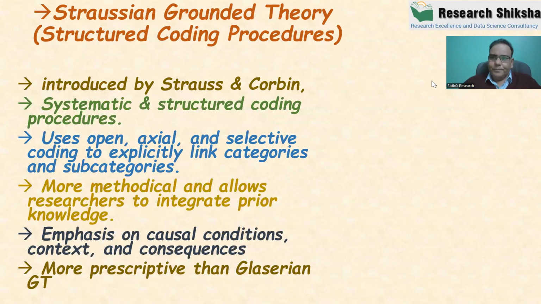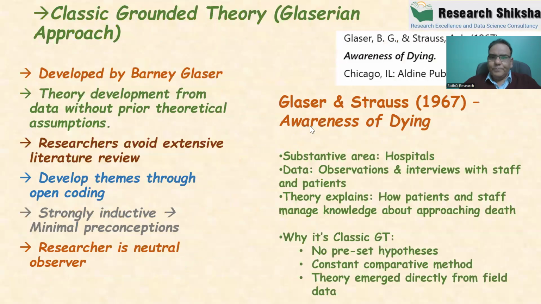Now the second theory. I think the first approach is clear. The second approach was provided by the partner of Glazer, that is called Strauss. Initially, Glazer and Strauss gave this concept in 1967.